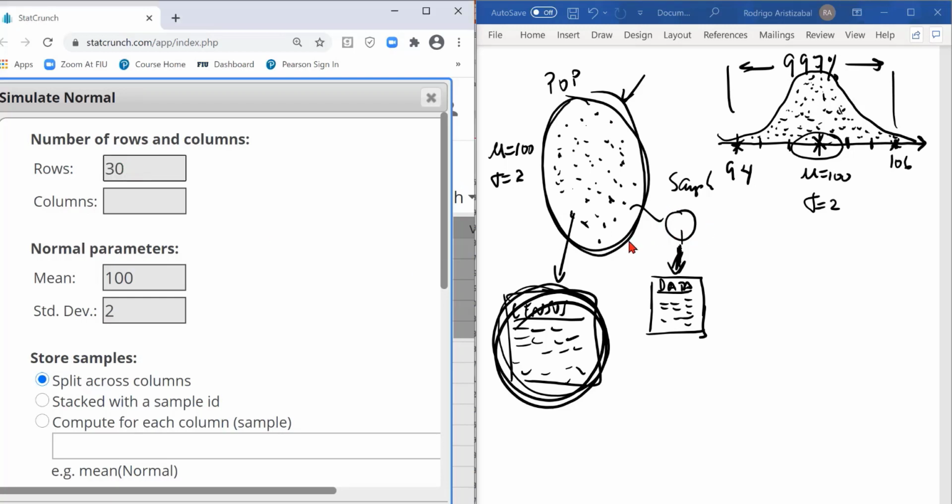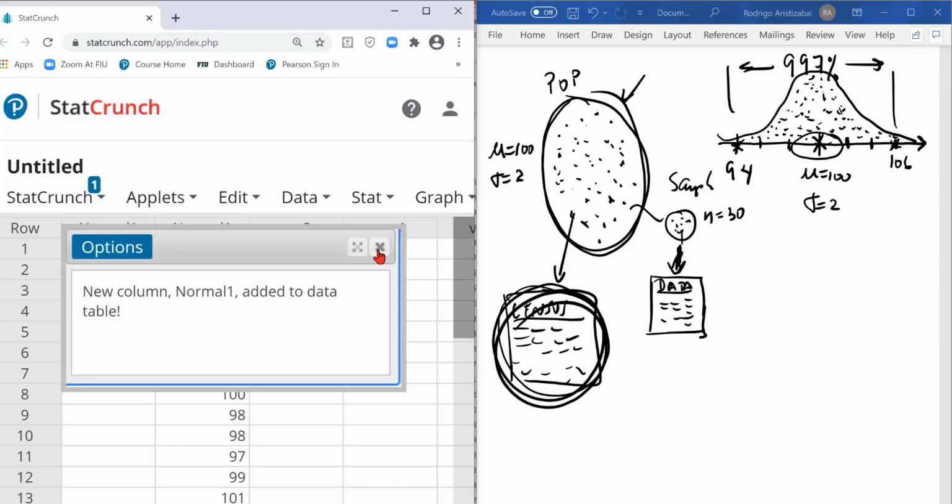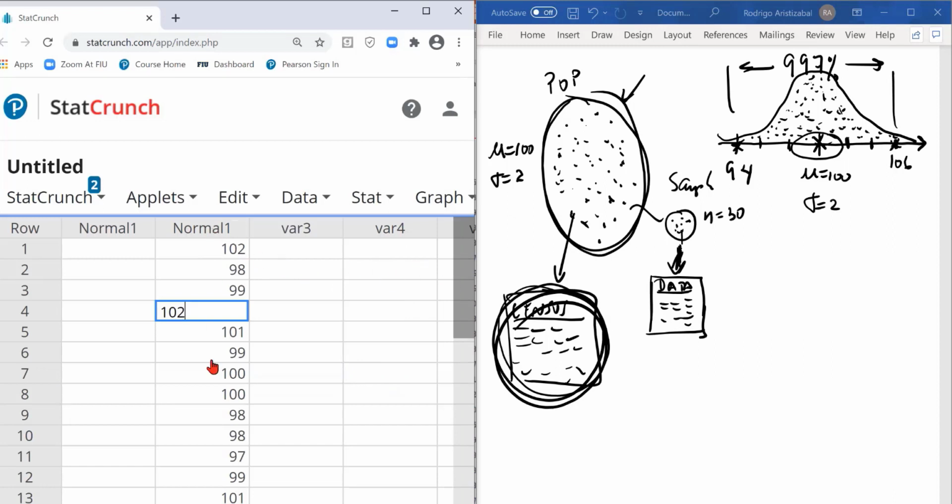My sample consists of 30 observations. In this case, n is equal to 30, and I am going to organize all of these observations in one table, here in one column. And let's compute. We have here 30 observations in this column.